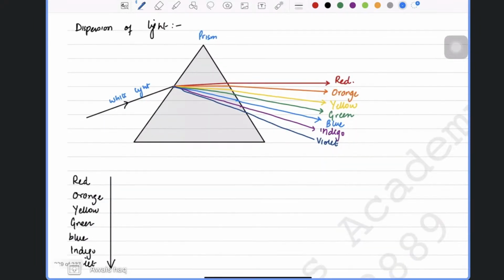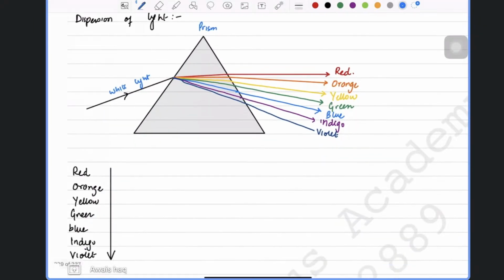You need to understand that red has the lowest frequency and violet has the highest frequency, which means frequency is increasing, and red has the highest wavelength and violet has the lowest. So frequency increases and wavelength decreases, so you need to remember that.